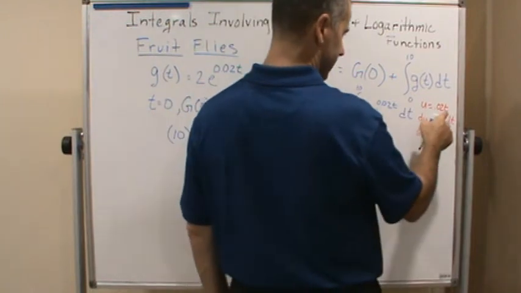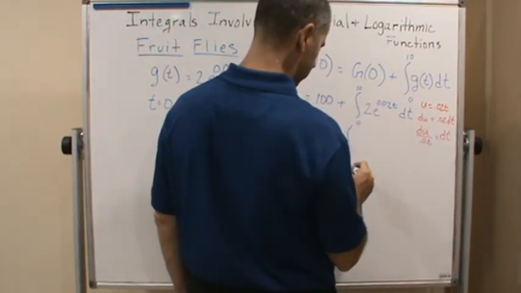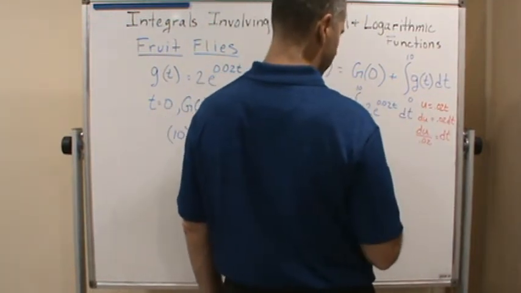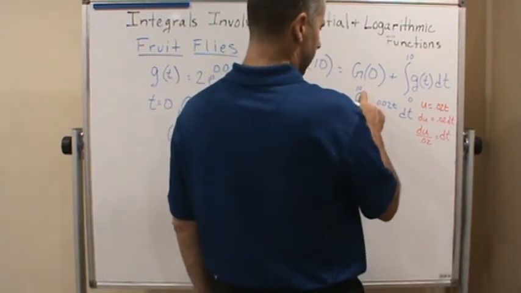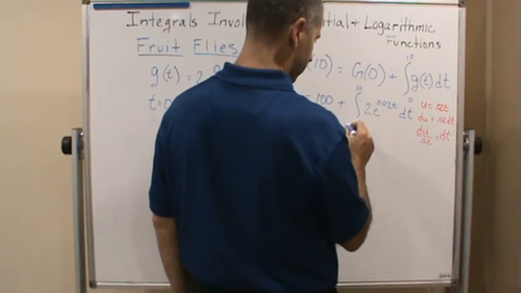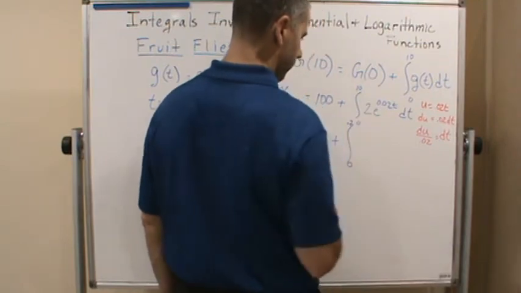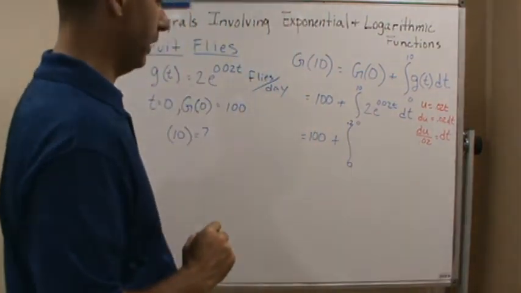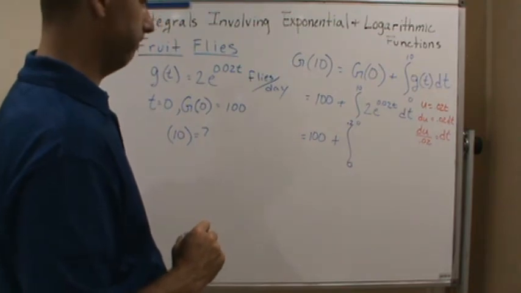When t is 0, u is 0. That doesn't change. When t is 10, u is 0.2. That's going to be my limits of integration.